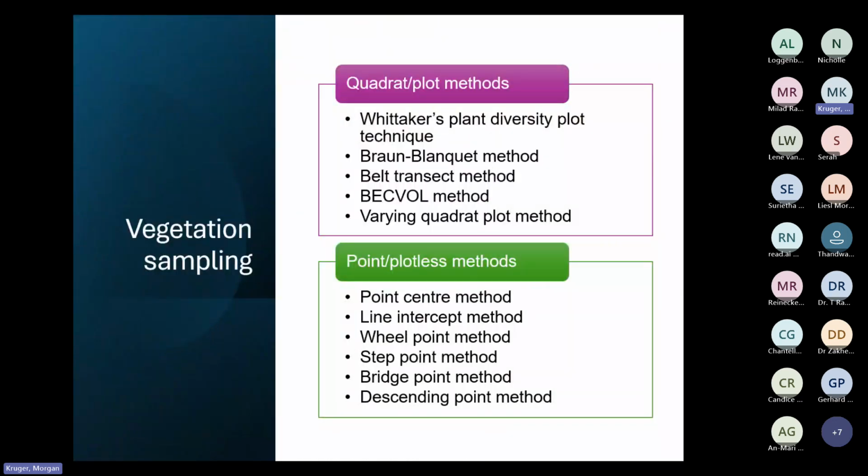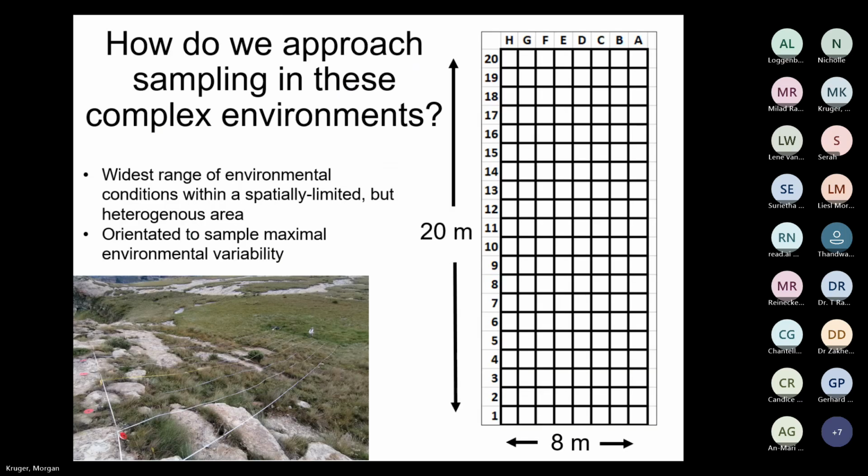There are several field protocols or techniques that you can use to survey vegetation in particular, and I've used some of these methods before in my research career. However, for this particular study in the Drakensberg that I'm showing you some results from, we used a fine-scale grid methodology to collect data.